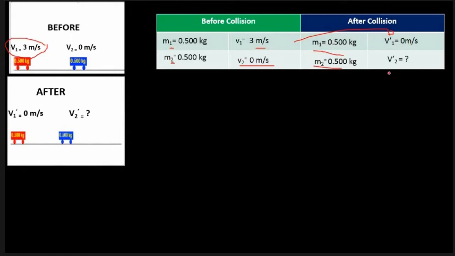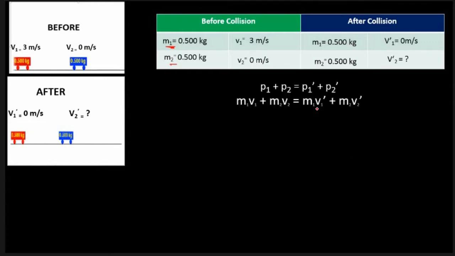And then this will be the variable being asked: what is the velocity of the blue card after the collision? Again, don't be confused. 1 is for all variables for the red card, and 2 is for all variables for the blue card. So we are done finding the givens and the one being asked.